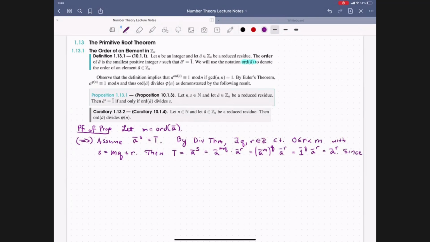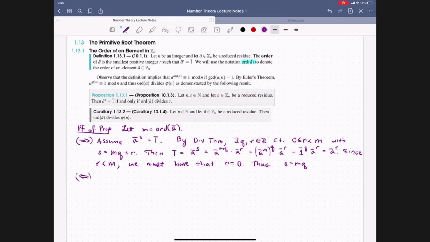Since r is less than m, we must have that r is equal to 0, because otherwise we will be contradicting the order of a bar. And so thus, s is equal to m times q, which shows one direction.